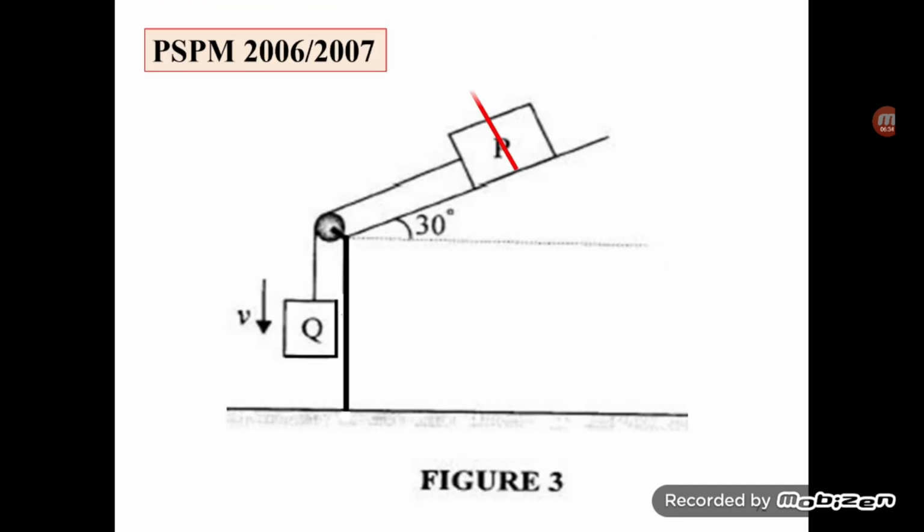First step, you draw all the forces acting on both objects P and Q. For object P, we have normal force, weight, tension in the rope, and frictional force. For object Q, we have tension and weight.